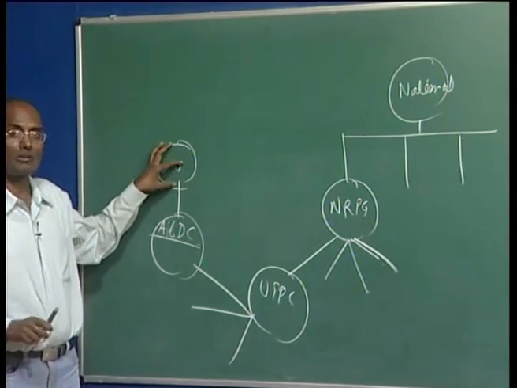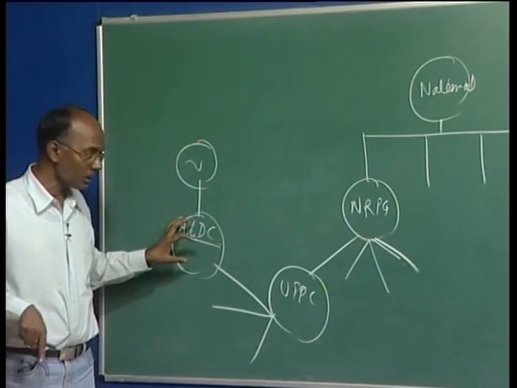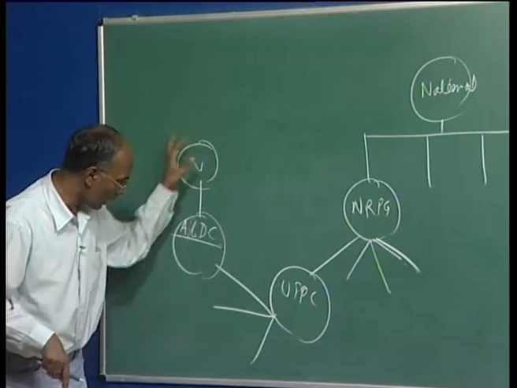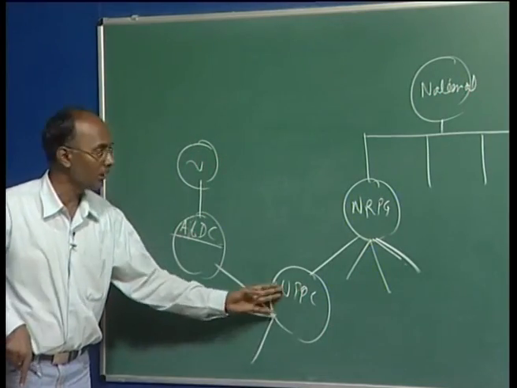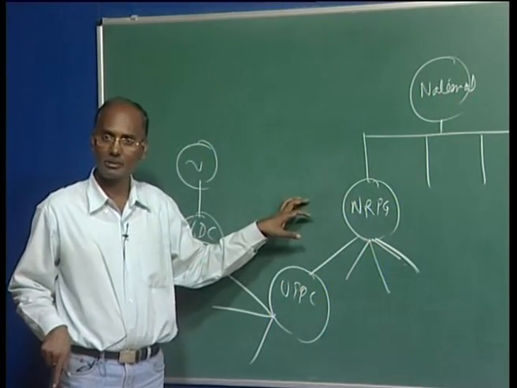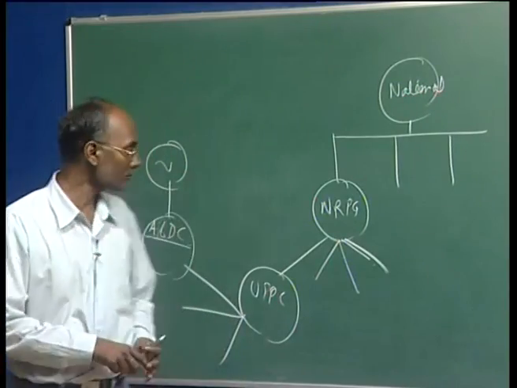This station has its own control, what we call the power plant control. Here they are controlling the load. After that, the power corporation looks at all of this together. The NRPG looks at this and also its own generating stations, if it has any. It is a complex system, and finally the whole national grid is operated.